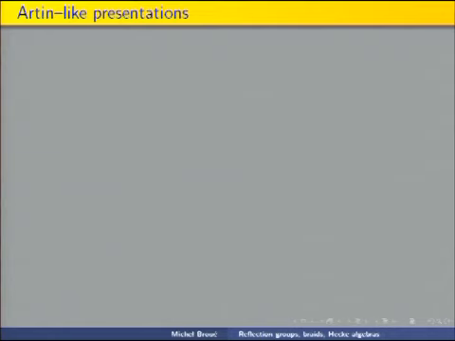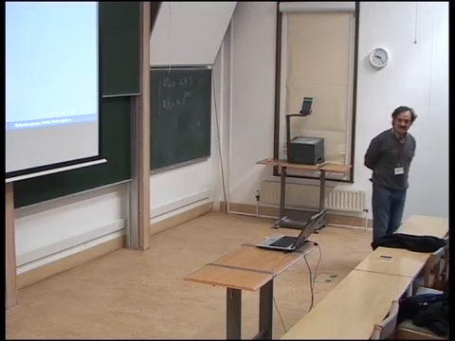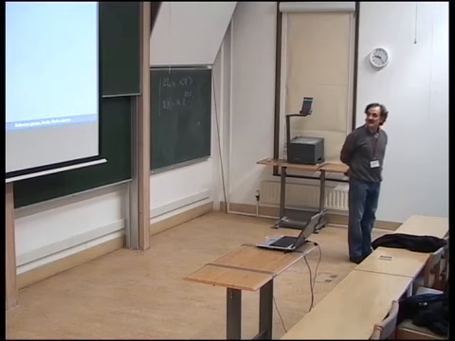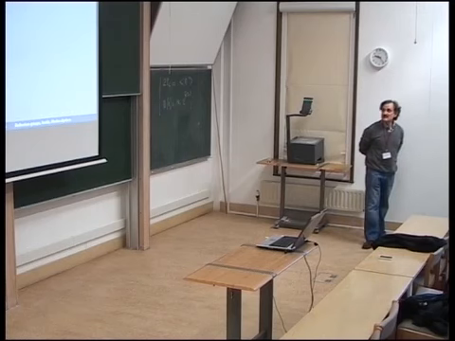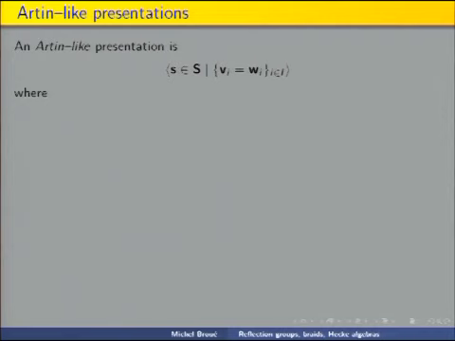Now, precisely, since I've introduced this set of generators and relations for the braid group in this case of the Coxeter group, let me say a few words about what I call Artin-like presentations. Let me define what I call an Artin-like presentation. It's a set of generators, capital S, together with relations which are homogeneous.